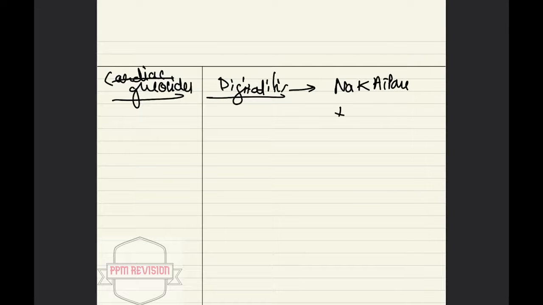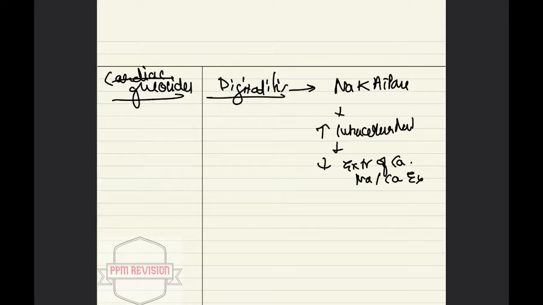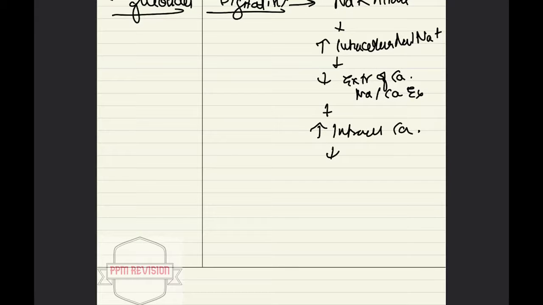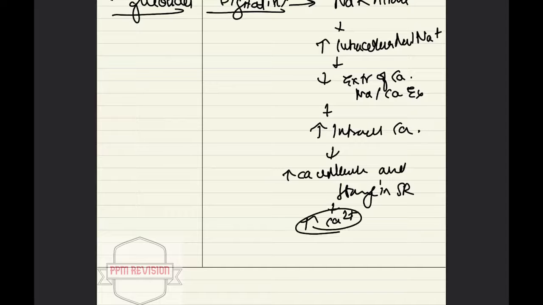Because of this, there's increased intracellular sodium, and because of this, there is decreased extrusion of calcium through the sodium calcium exchanger, and this results in increased intracellular calcium. Due to increased intracellular calcium, there is increased calcium uptake and storage in the SR, that is the sarcoplasmic reticulum, and due to this there's increased calcium released during each action potential.